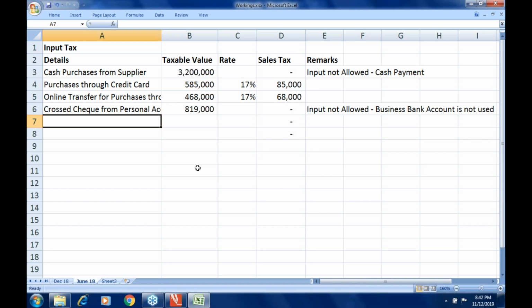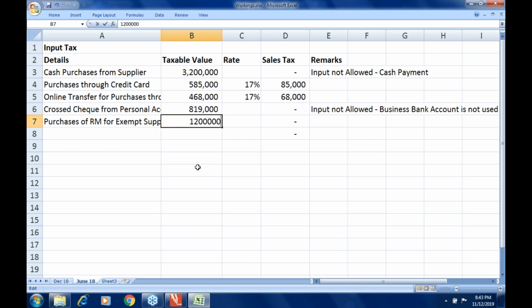So we'd say purchases of raw material for exempt supplies. What is this purchase of raw material for exempt supply? It's going to be 1.2 million. And whatever sales tax rate you paid, the input is not allowed as it is used for exempt supplies.